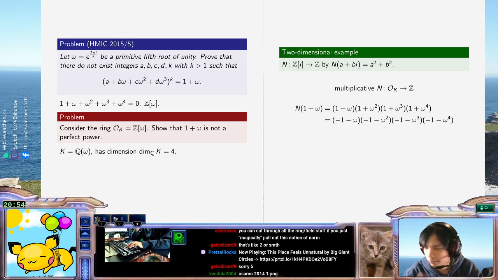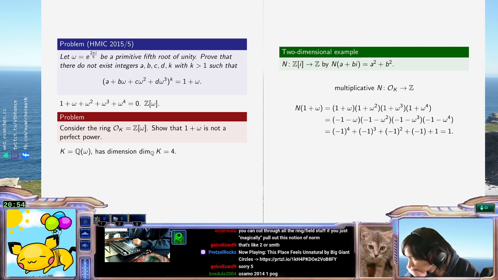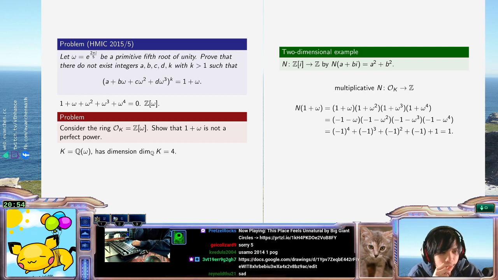Oh no, it's equal to 1. I was hoping it would be equal to something that wasn't... No, really? So this is a unit. Okay. I thought this would be equal to 5 and I'd be done.